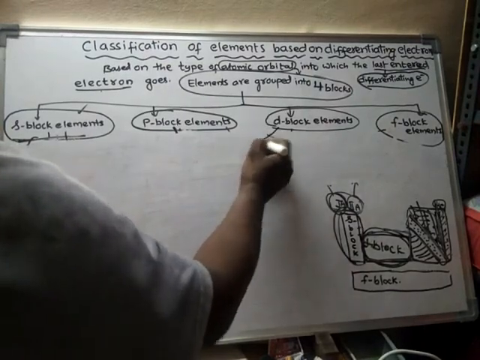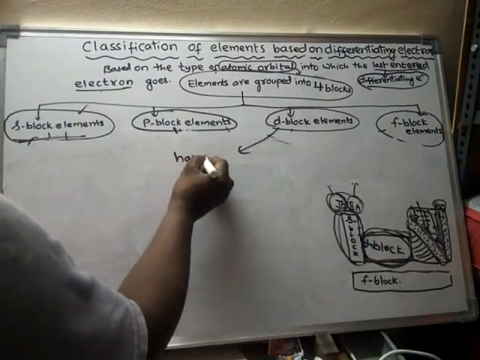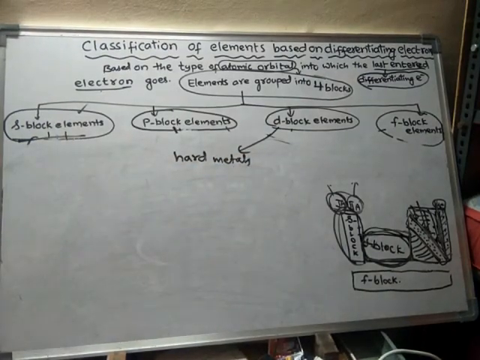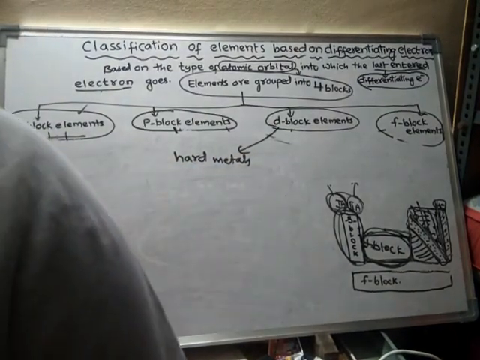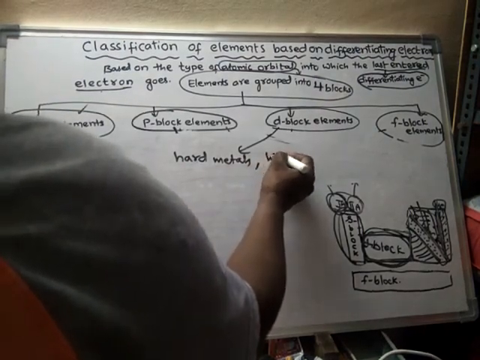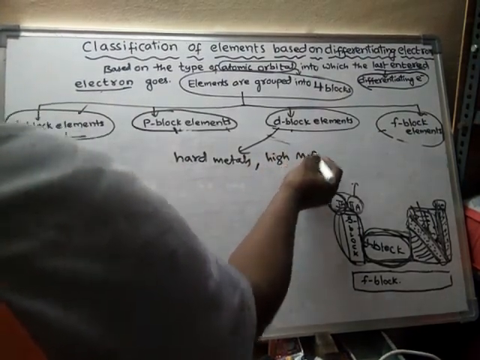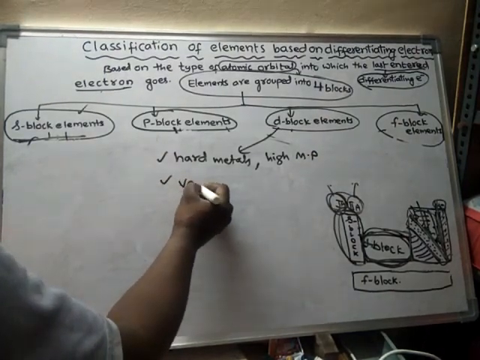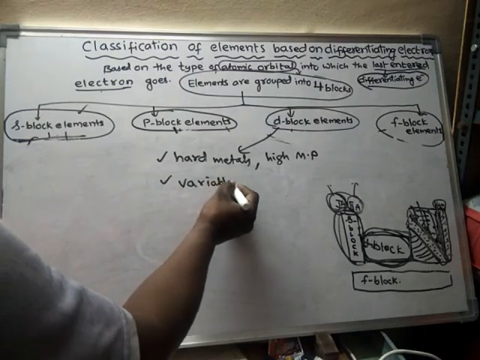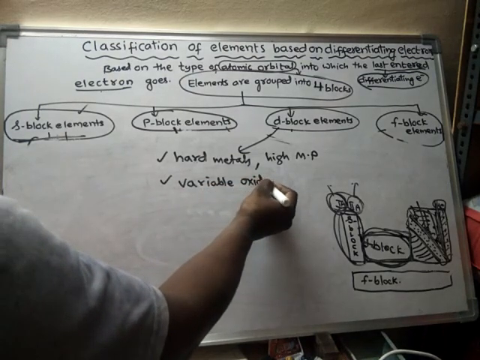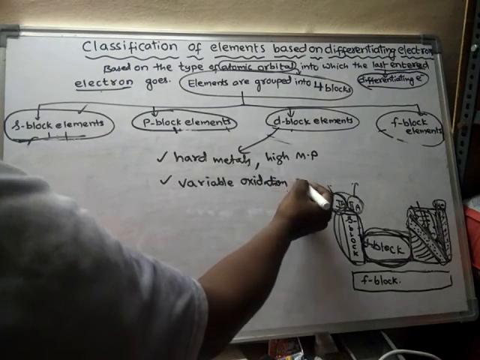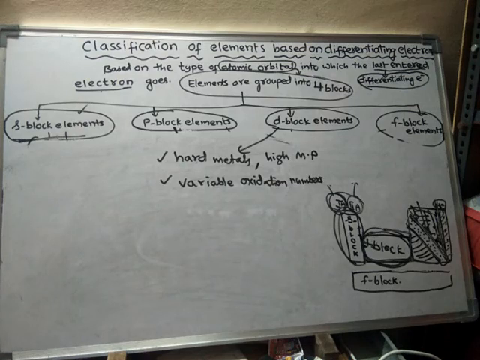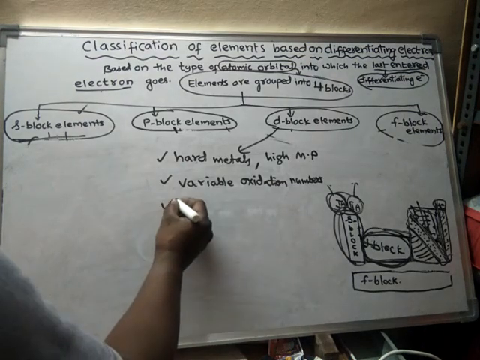If you see the general properties of D block elements, they are hard metals. S block elements are soft metals, whereas D block elements are hard metals. They have high melting points. They possess variable oxidation states, or variable oxidation numbers. They form colored complexes.